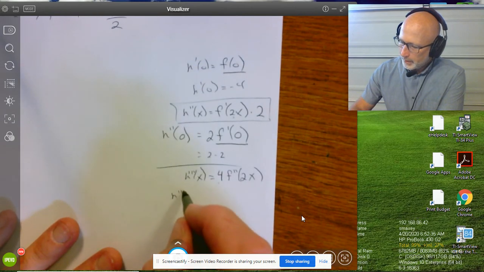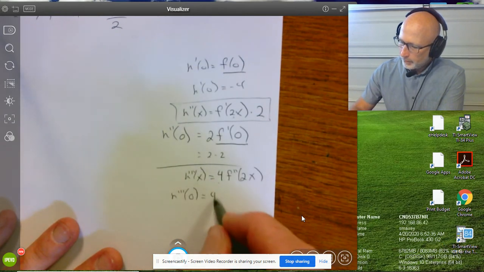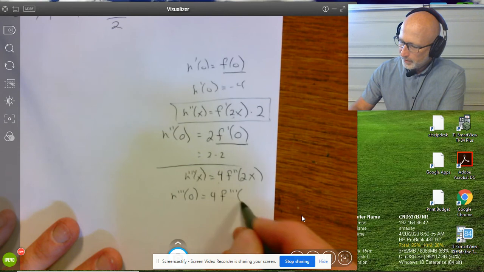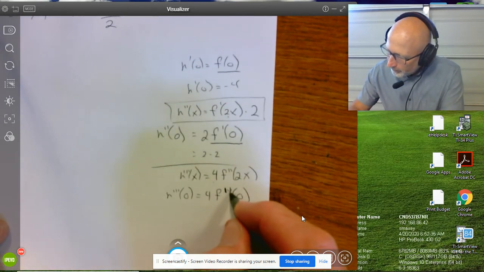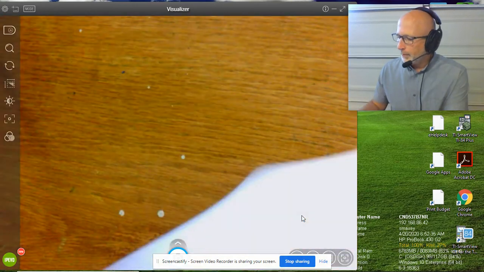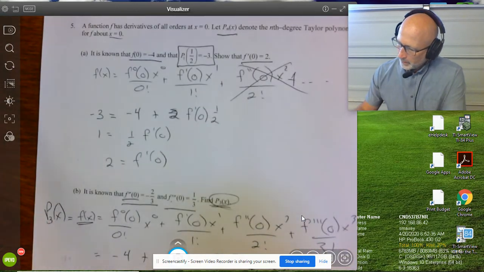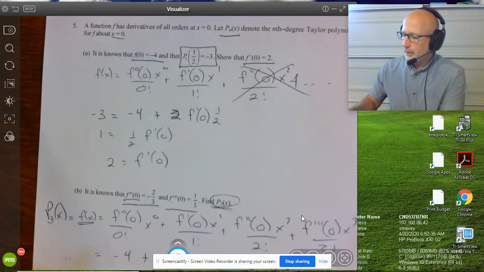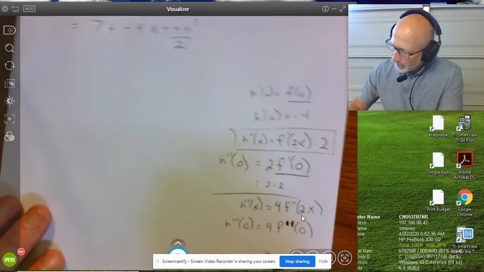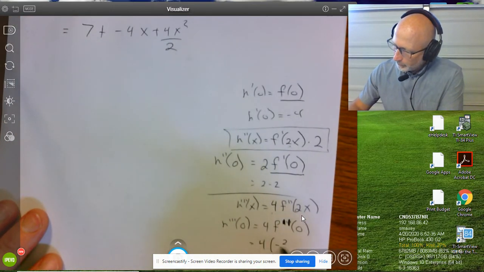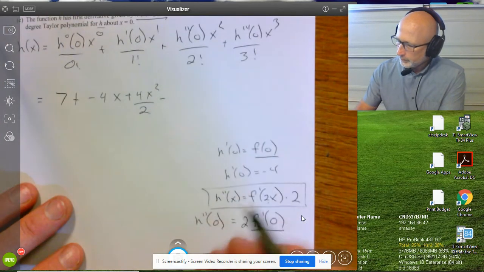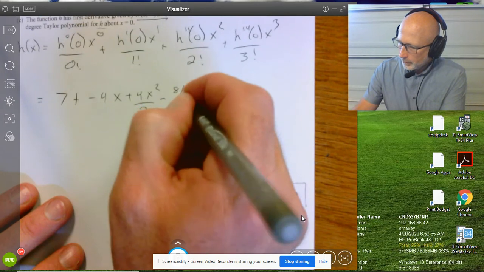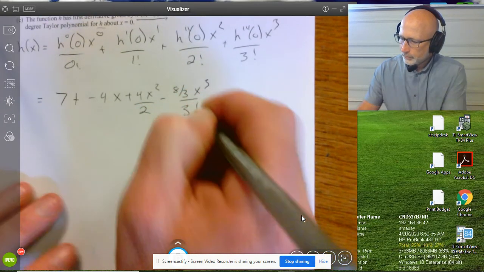So h triple prime of 0 is equal to 4 times f double prime of 0, sorry. So what is f double prime of 0? F double prime of 0 is negative 2/3. So I have 4 times negative 2/3, which is negative 8/3. So I'm going to have minus 8/3 x cubed all over 3 factorial.